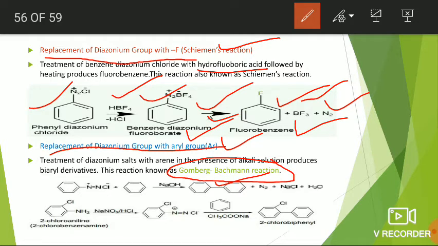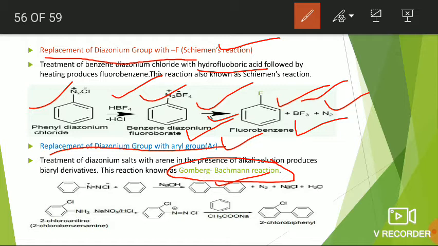Gomberg-Bachmann reaction is nothing but conversion of diazonium salts into biaryls, or replacement of diazo group with an arene ring on treatment of diazonium salt with dilute alkali solution.